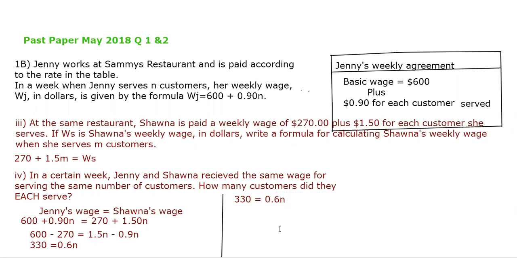Now, what do we want to make the subject? What represents the customer? The n. So therefore, we want to make n the subject. So when we want to make n the subject, of course, we want to get rid of the 0.6. How do we get rid of the 0.6? It's multiplied to the n. So we divide 0.6 by both sides.